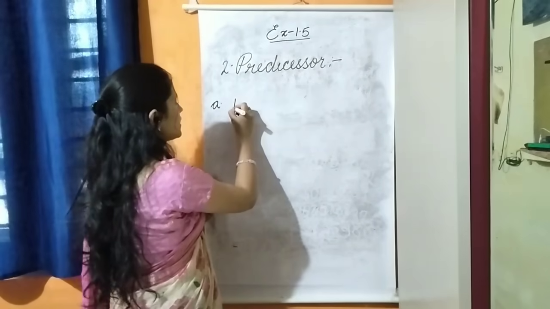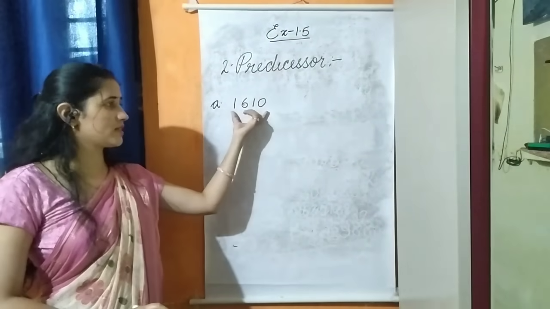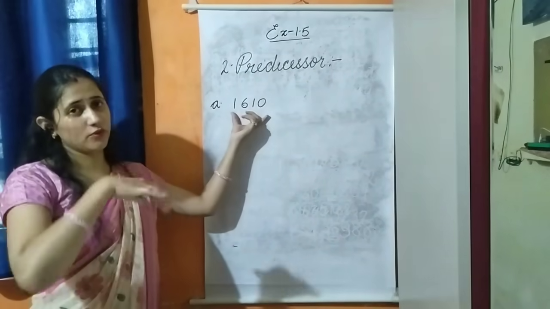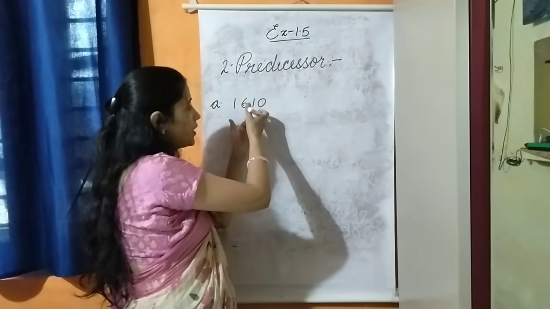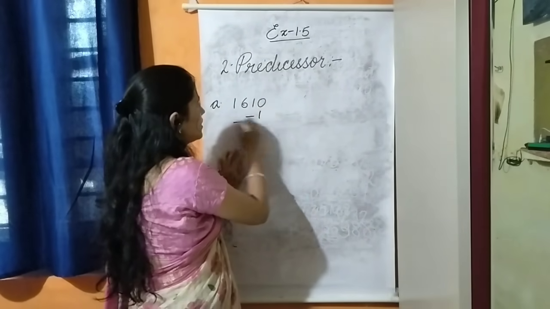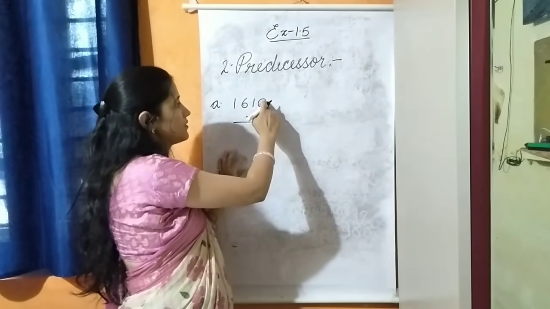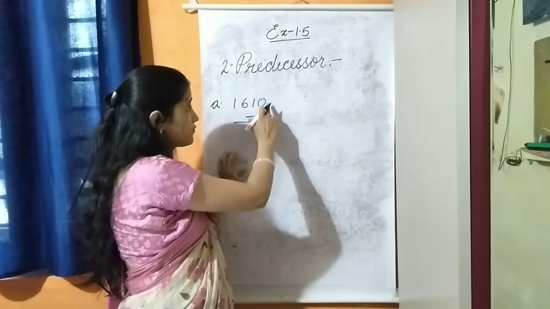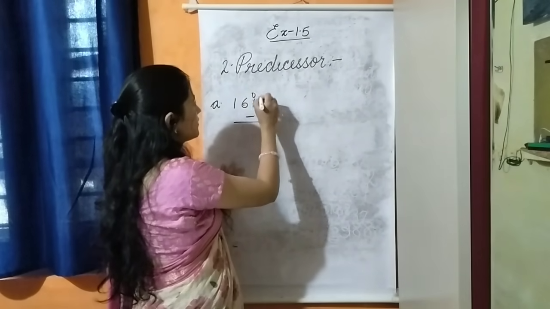A is 1610. What comes before 10? Before 10 comes 9. We have to subtract 1 from here. At ones place we have got 0 here. We will subtract ones from ones place only. So we will take carry. This 1 will become 0.